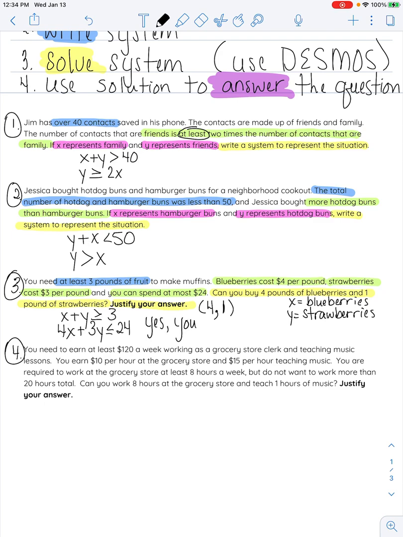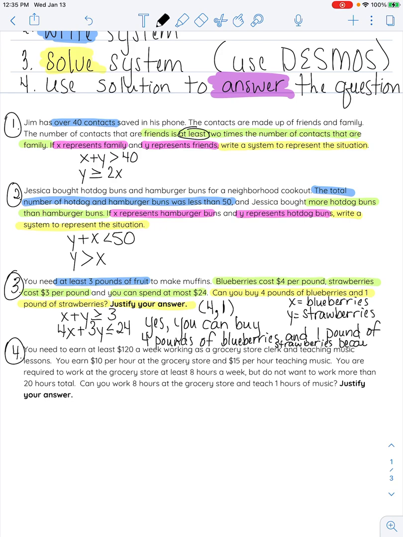you can buy 4 pounds of blueberries and 1 pound of strawberries. I hate that I have to write small here, but stick with me. Now here's the key. It said justify your answer.